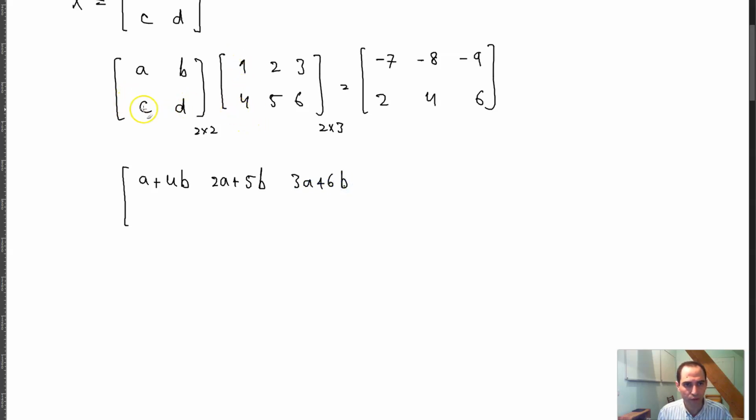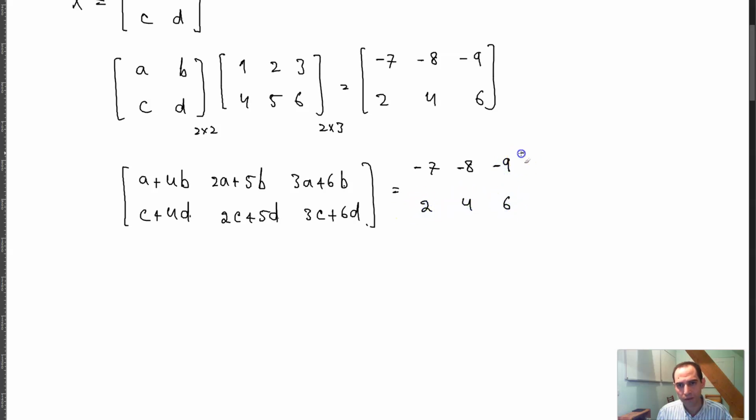This row times this would be C plus 4D. This by this would be 2C plus 5D, and 3C plus 6D. And that would be equal to negative 7, negative 8, negative 9, 2, 4, and 6.